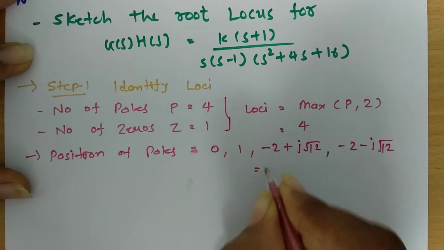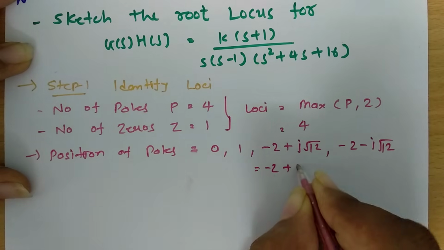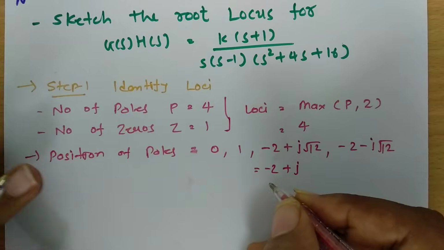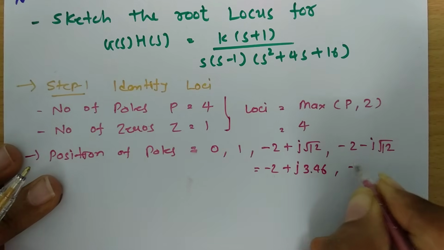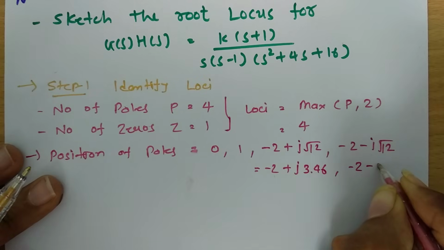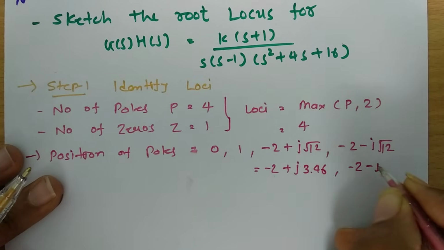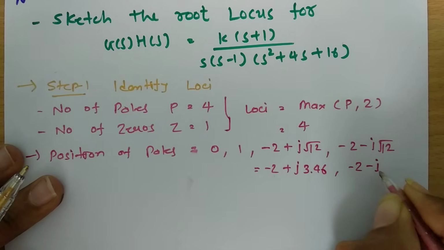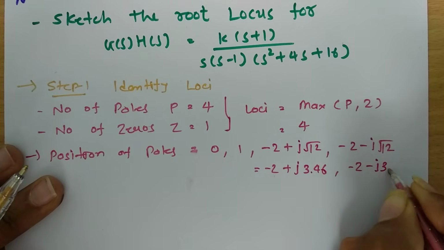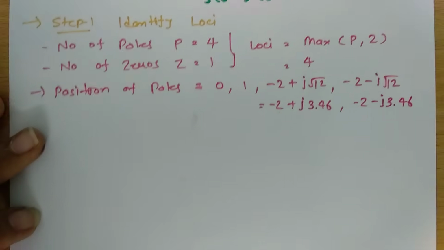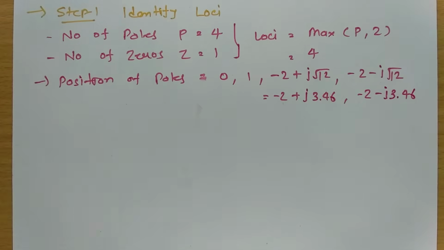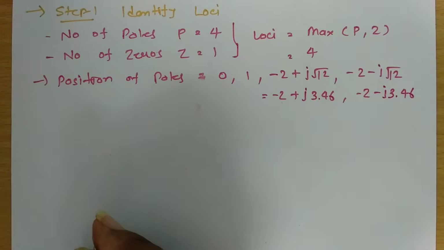Square root of 12 is 3.46. So these poles are at minus 2 plus j 3.46 and minus 2 minus j 3.46.